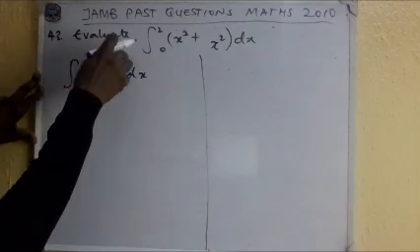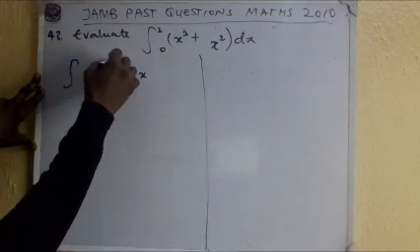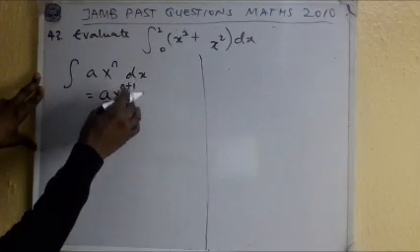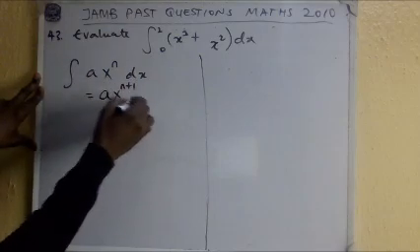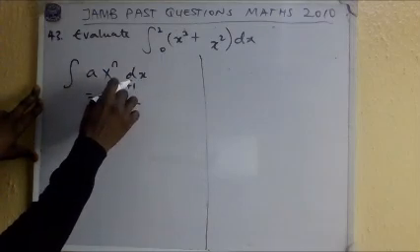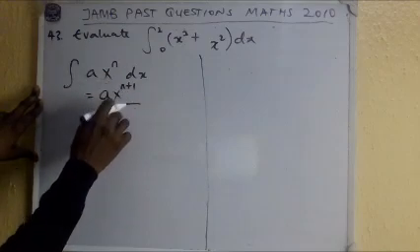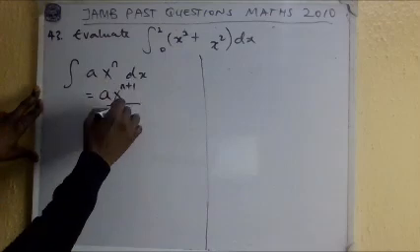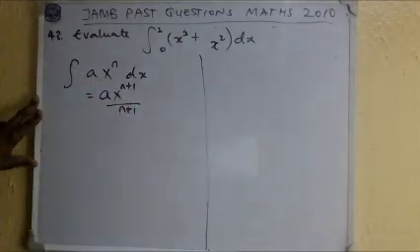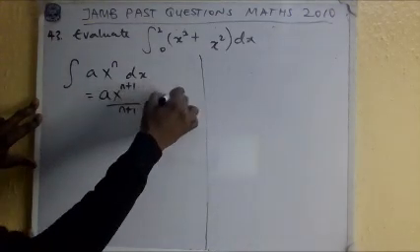The power is increased by 1. So this is ax. The power increased by 1, and you divide the resultant by n plus 1. Then plus c, the constant, always.